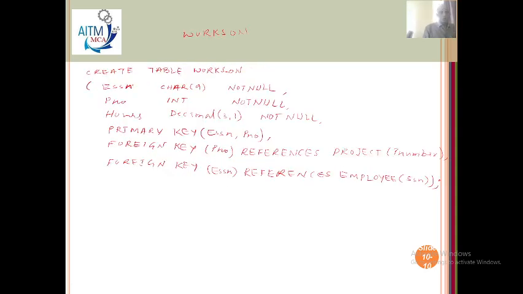Now when you execute this works on table, it will create a table like this, works on. Which are the attributes? ESSN, then next is project number and hours.